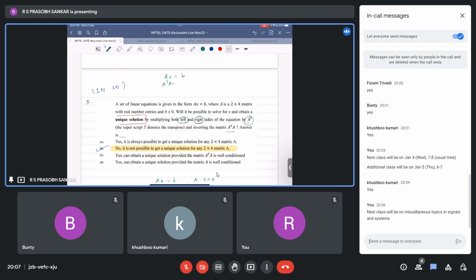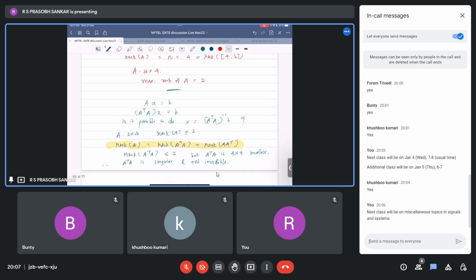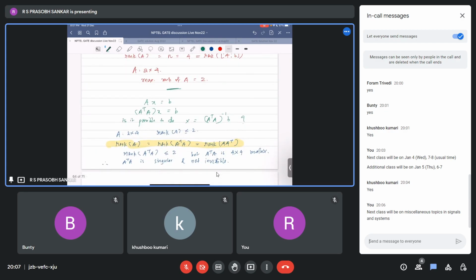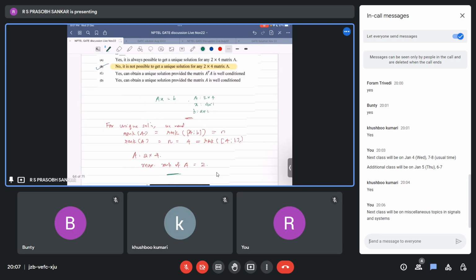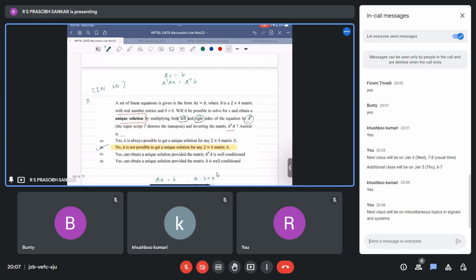So what I mean is I will be doing A transpose Ax equal to A transpose B. I missed this A transpose somewhere, this should be there. Thanks for asking. This was a typo, but the solution won't change. So we multiply both left and right of this equation by A transpose like this. So this is up to here. It's clear now? Yes, sir.